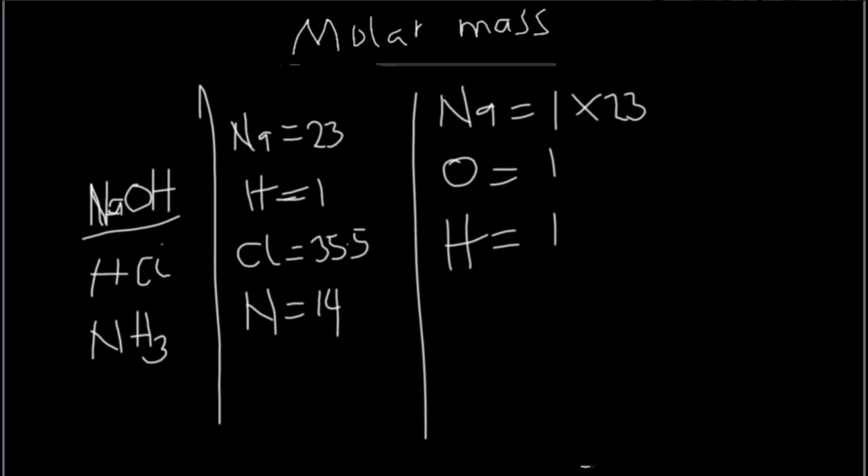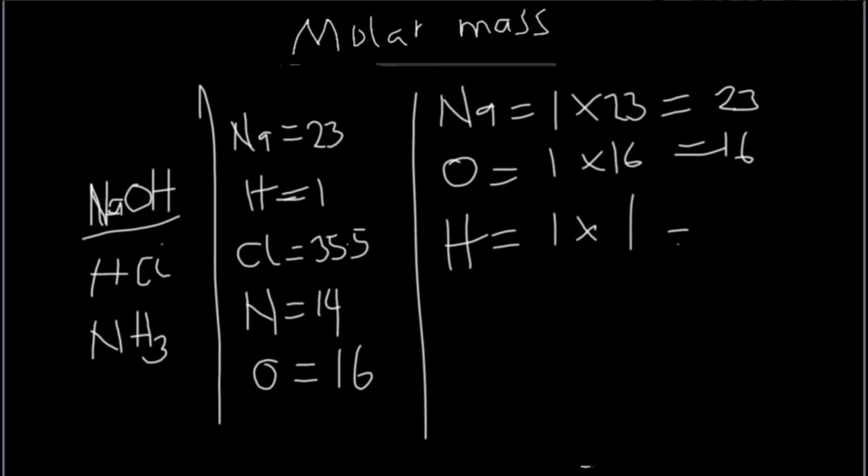O equals 16, so O is times 16. H is times 1 because it's 1. So the total here will be 23, here will be 16 and 1.